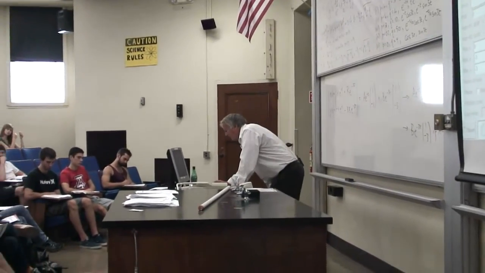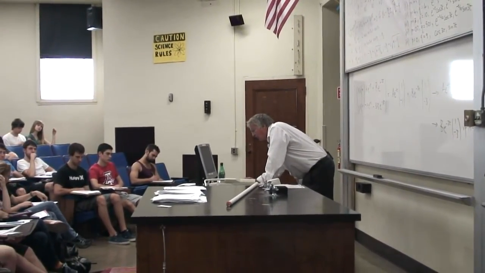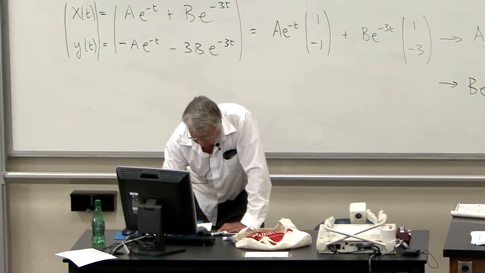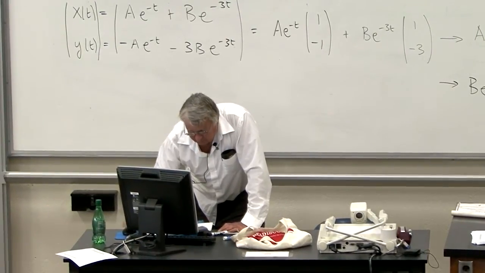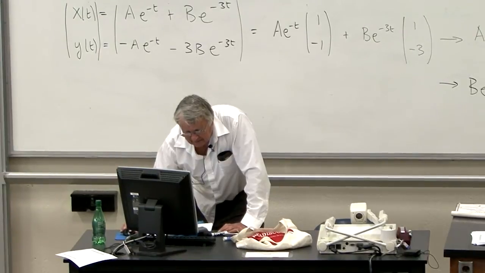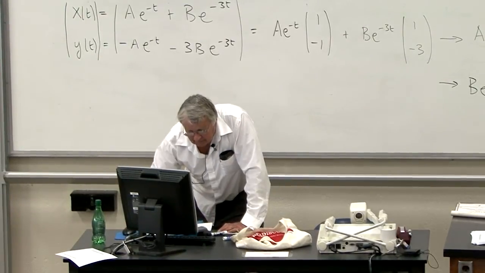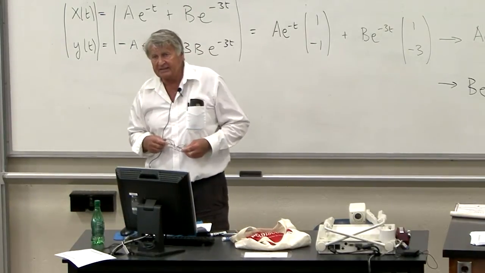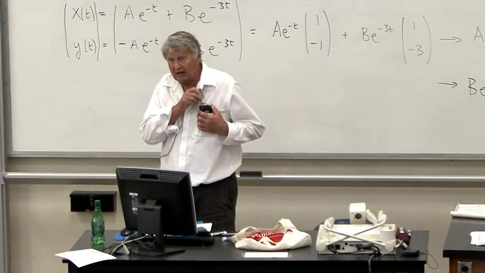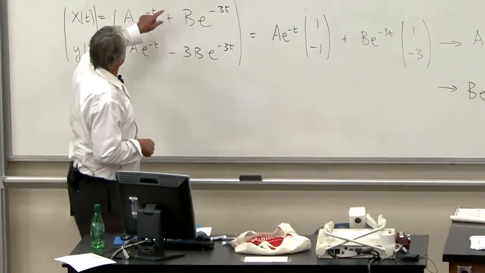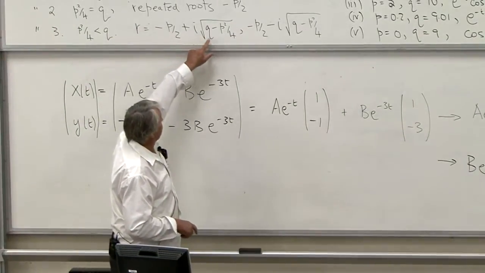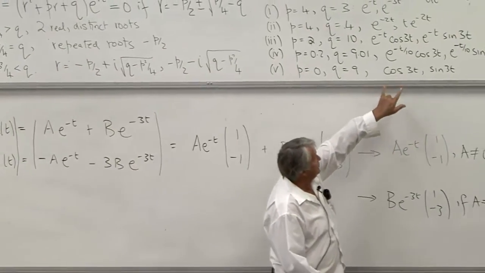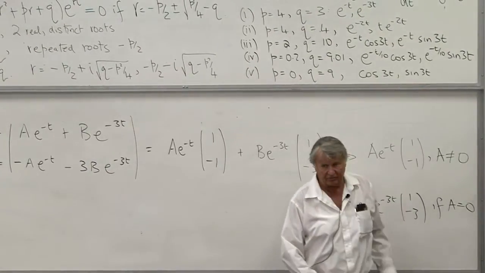Let's actually make the damping now 0. And now I'm going to make it exactly 9, because if P is 0 and Q is 9, then the roots are 0 plus 3i, 0 minus 3i, corresponding to the solutions cos 3t and sin 3t.